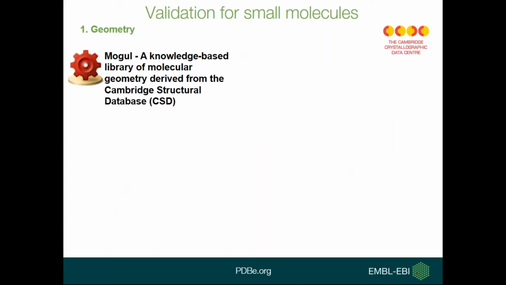Fortunately, we can use Mogul from the Cambridge Crystallographic Database, and we use Mogul to compare bond lengths and angles with chemically similar fragments. So their database contains thousands and thousands of chemicals, and we can look at the molecules and say, this structure is unique to the PDB, but it's similar to other stuff in the CCDC.